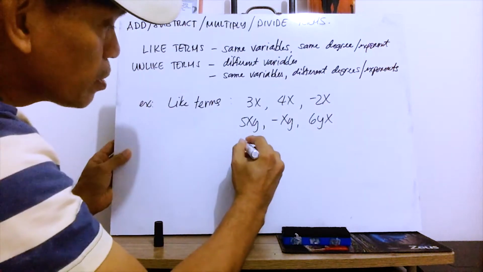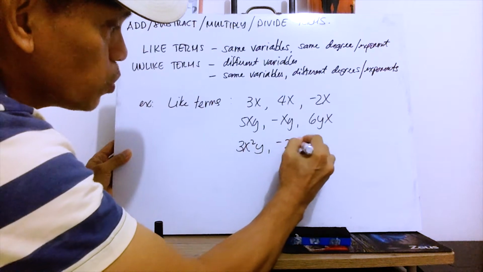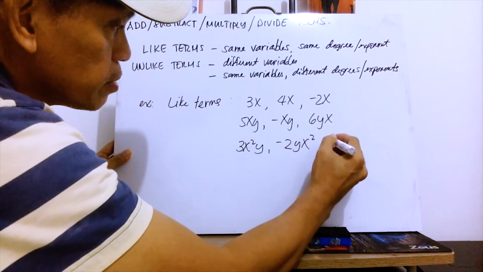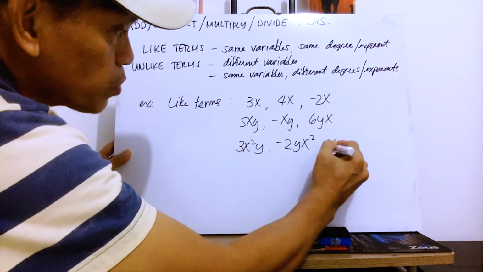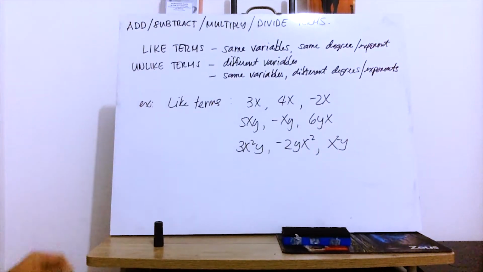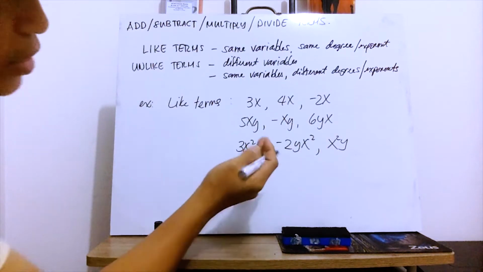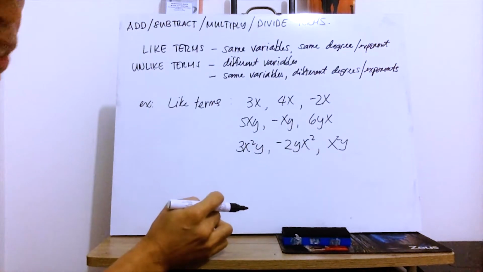Okay. 3x squared y, negative 2yx squared, xy squared, or x squared y. The positioning of the variables is not important as long as they have the same degree or same exponent.